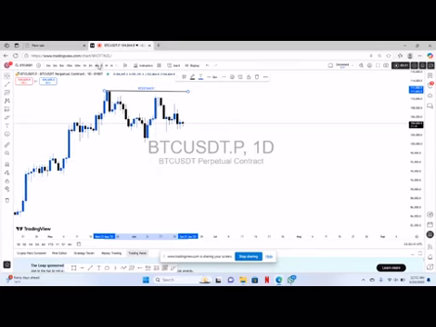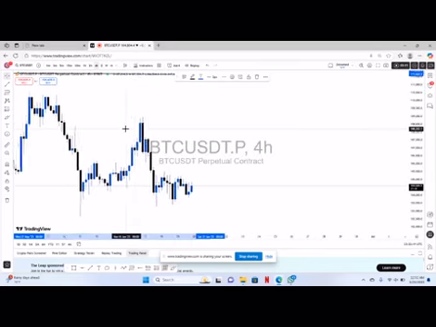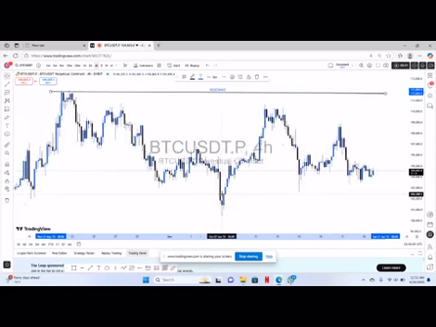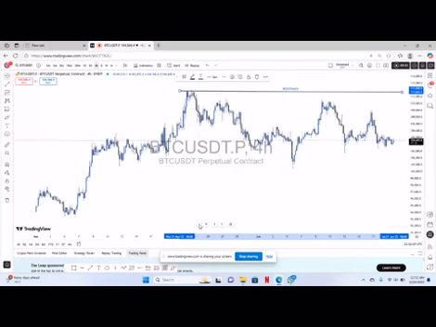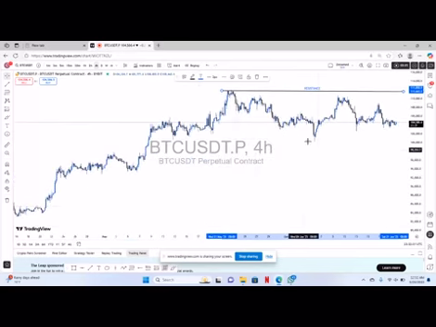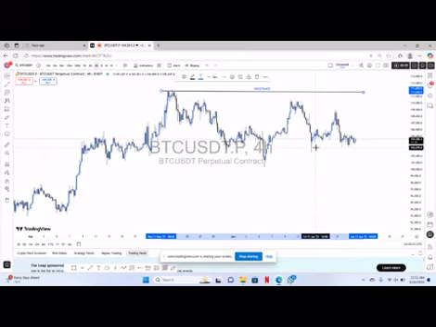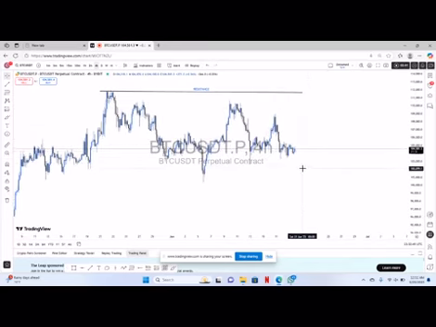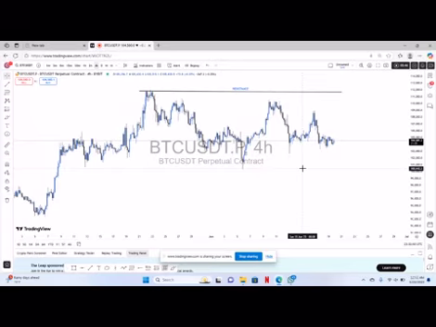So we go down to 4 hours. So according to 4 hours, this other block tapped into this imbalance and was not able to break this zone again. So this is another block.